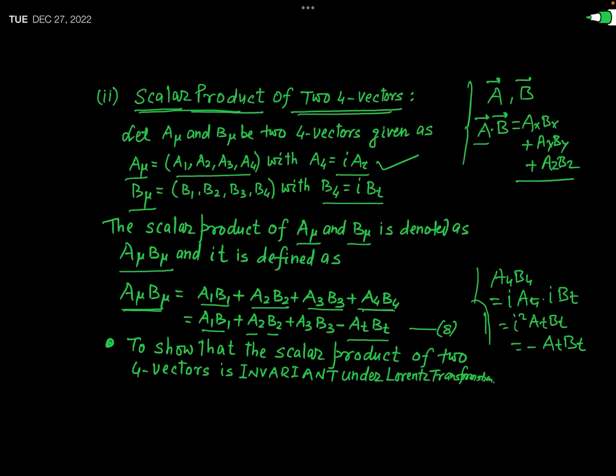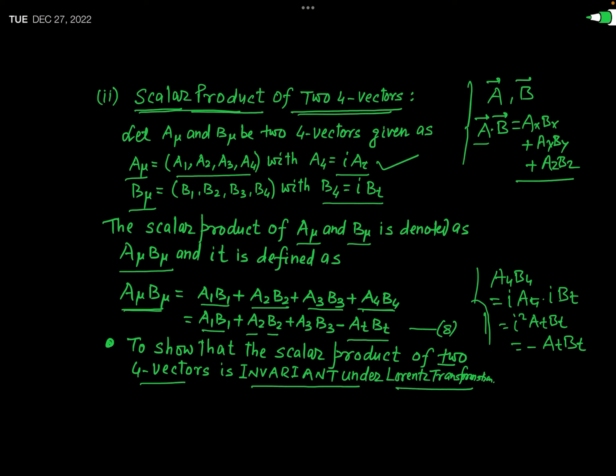Now we will explain a very important property of the scalar product of two 4 vectors. This property says that the scalar product of two 4 vectors is invariant under Lorentz transformation.